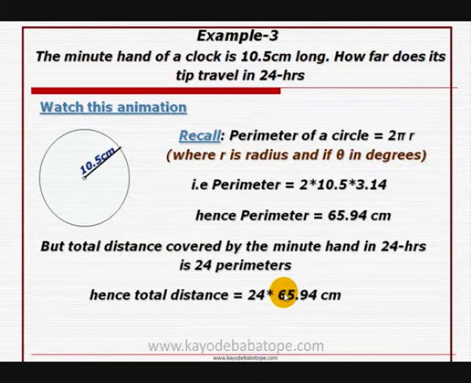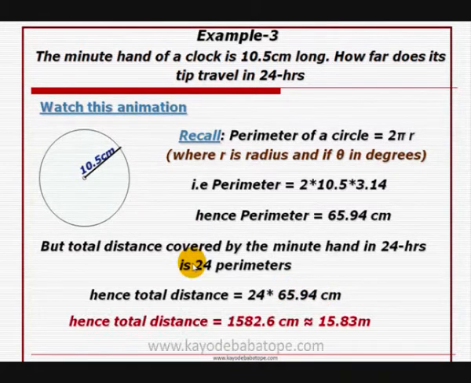So if one complete circular revolution has a distance of 65.94, 24 of such revolutions would have a total distance of approximately 15.83 meters. Usually it is 1582.6 centimeters, but taking that to meters gives approximately 15.83 meters.